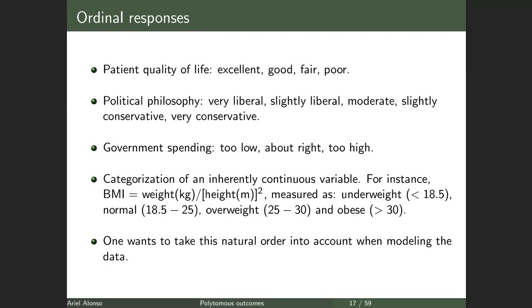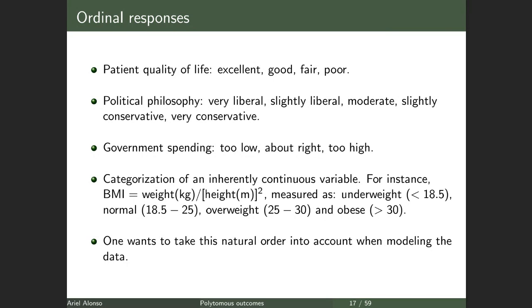Then a BMI between 18.5 and 25 is considered normal. That's a healthy weight. Overweight is when your BMI exceeds 25 but is still smaller than 30. And when you have a BMI larger than 30, then you are obese.